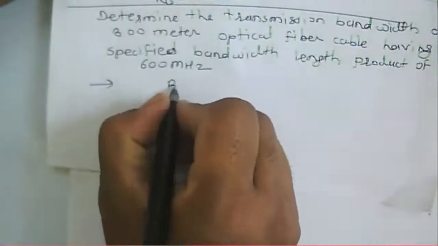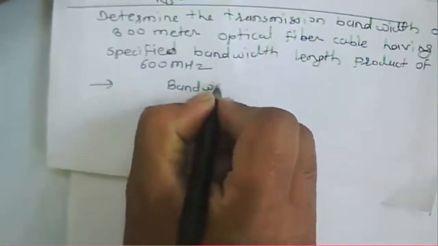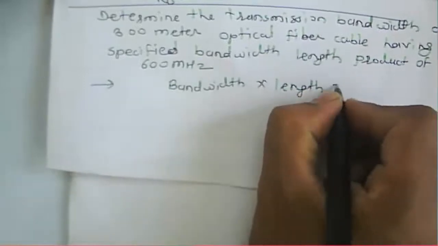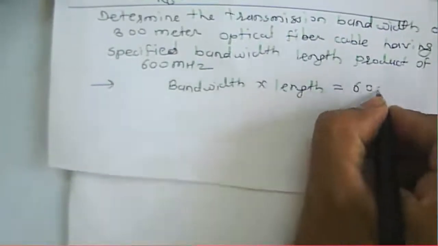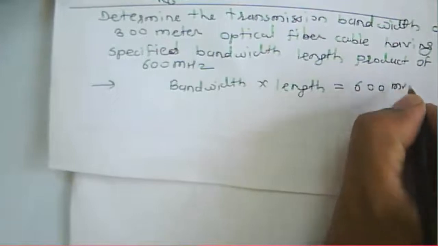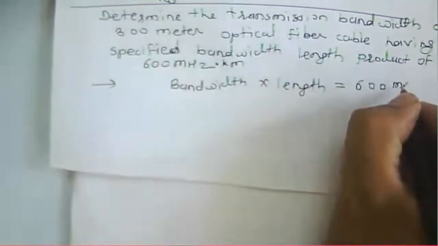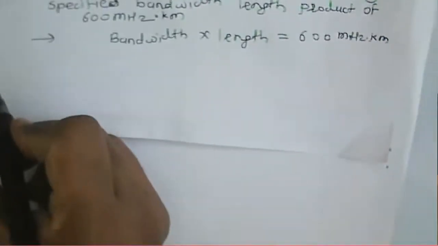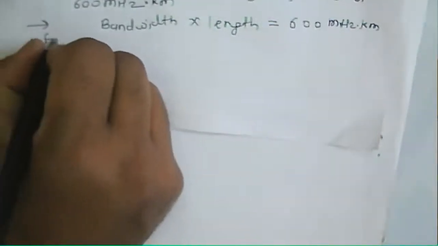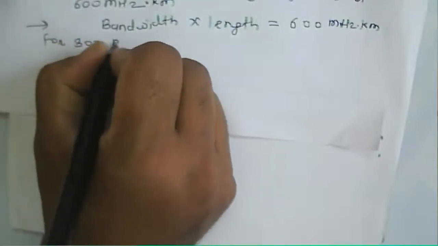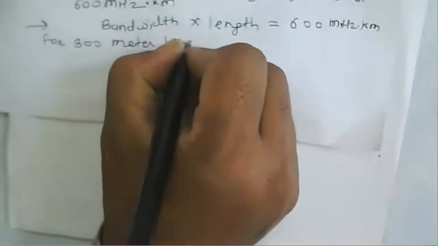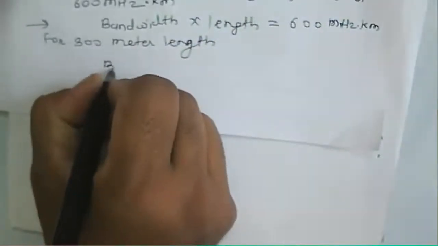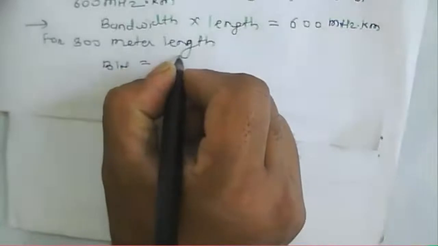So bandwidth length product means what? We have a bandwidth into a length that will be 600 megahertz into kilometer. That is the bandwidth length product. Now, for a 300-meter optical fiber, the bandwidth of an optical fiber is nothing but what?